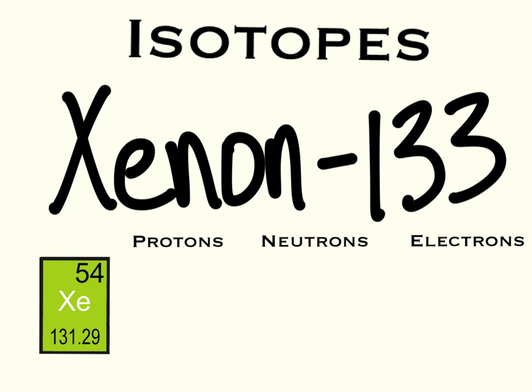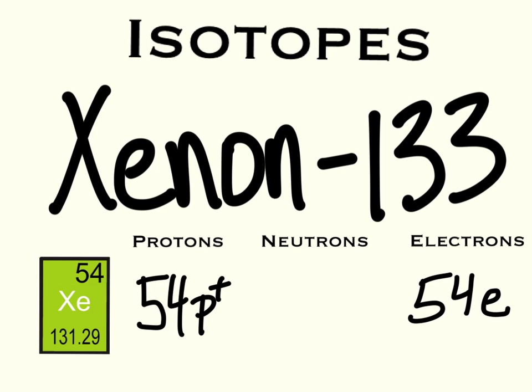And one more example here. Here I have xenon-133. Xenon's a bigger element. So we know we have to have 54 protons. I would also then need 54 electrons. And again, I'm not worried about this 131 number here. I'm focusing on the 133 right here.